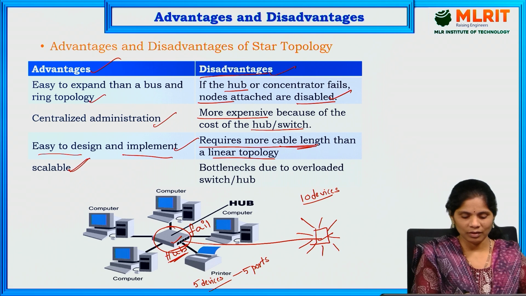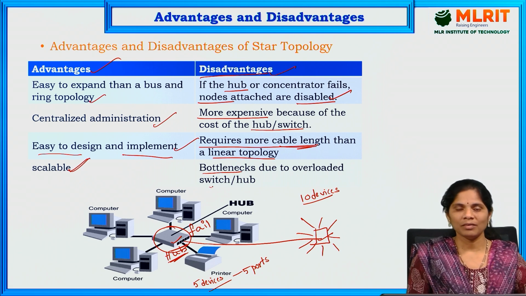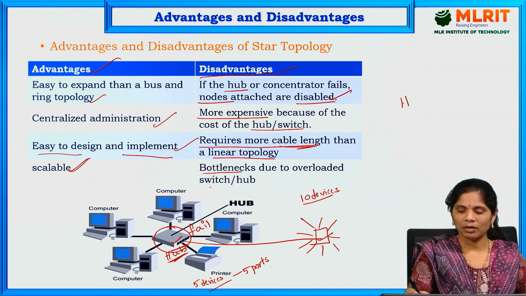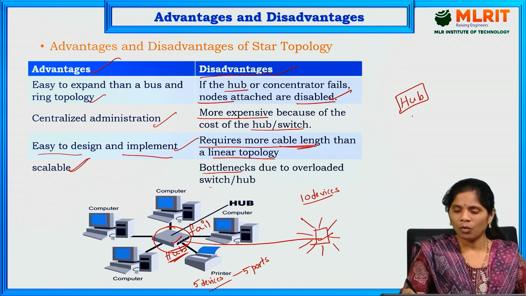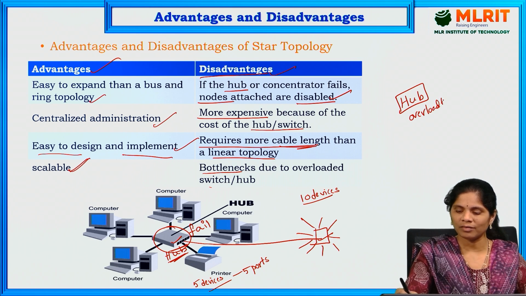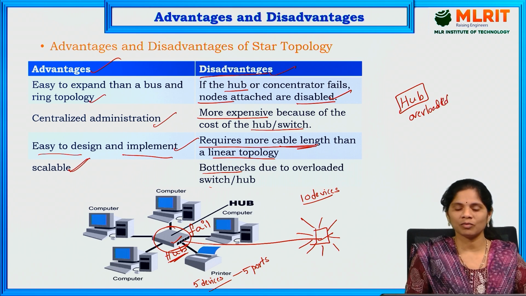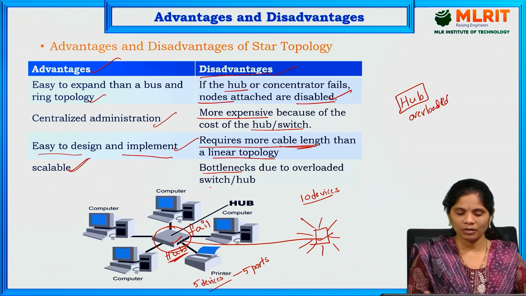And next one is bottlenecks due to an overloaded switch or hub. Suppose this particular hub has overloaded traffic and overloaded processing, then the performance is going to decrease. That is called a bottleneck, due to the overloaded switch or hub.